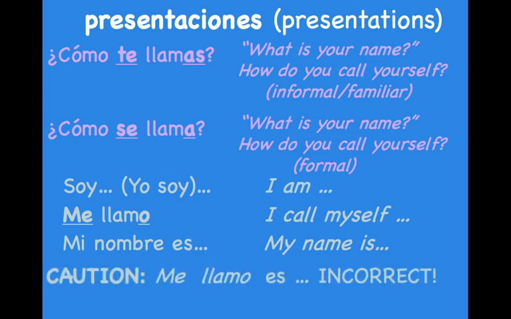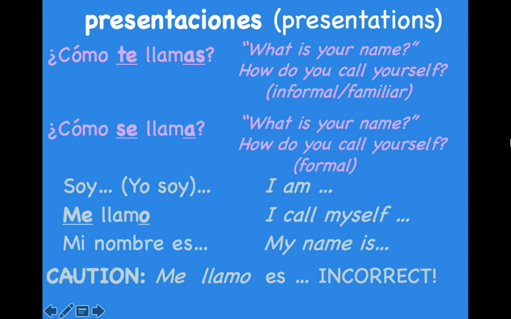Caution, me llamo es is incorrect, and I get this all the time. I'll say to a student, ¿Cómo te llamas? And my student will answer, me llamo es, because they think they're saying my name is. But take a look at how to say my name is. Mi nombre es. Me llamo means I call myself.